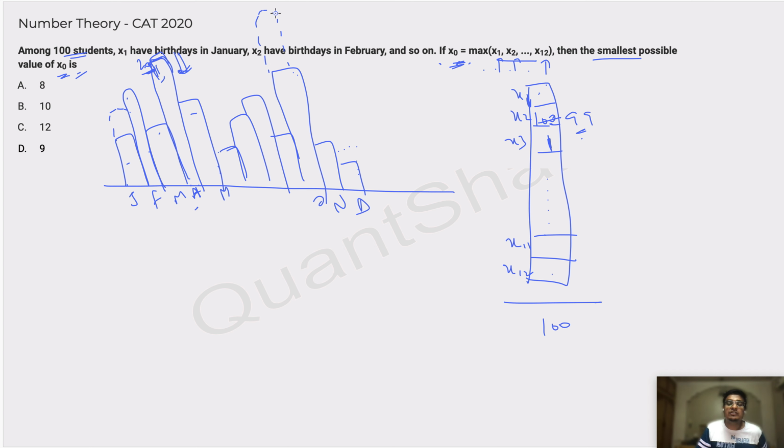Which ultimately resulted in the increase of x0 also, because we know what x0 is: the maximum number of parties in a month. So April reduced kar diya, but November got increased, which was counterproductive. So we have to reduce this in such a manner that no other month goes above that.